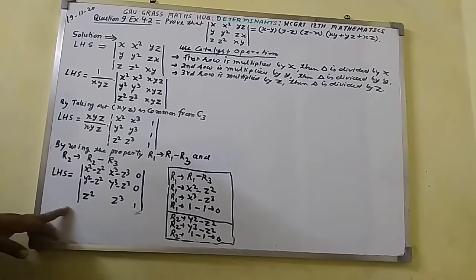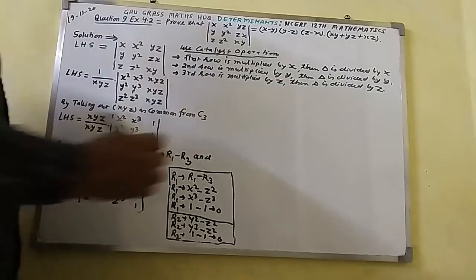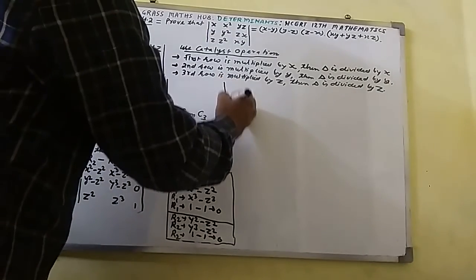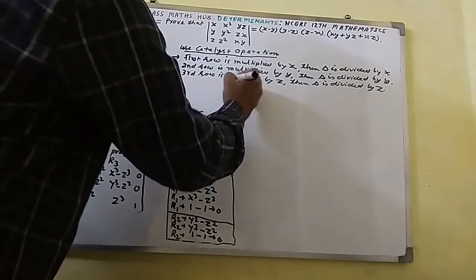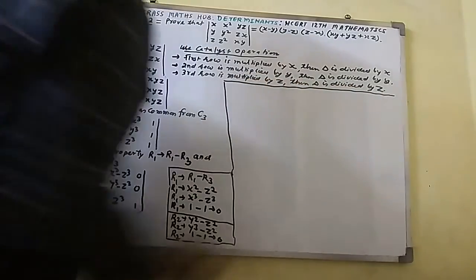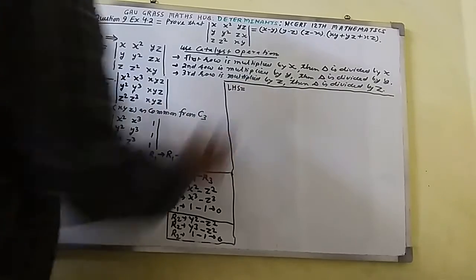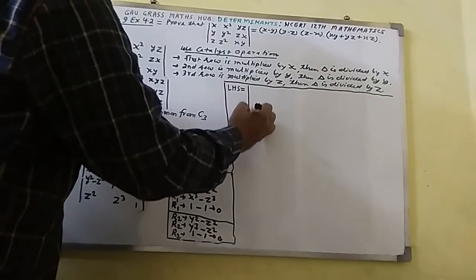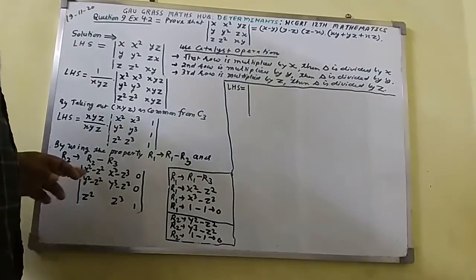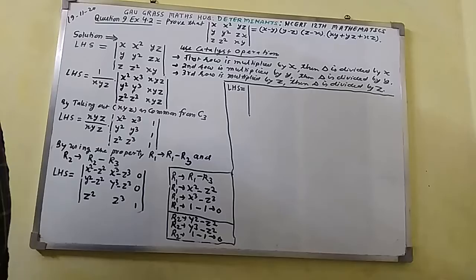Now what you have to do here, you are going to expand this one. So here I shall draw a vertical line. Now here I shall write LHS. LHS equal to that. Here you can see x square minus z square is there.